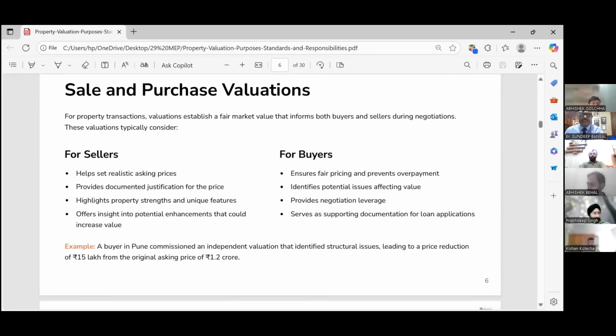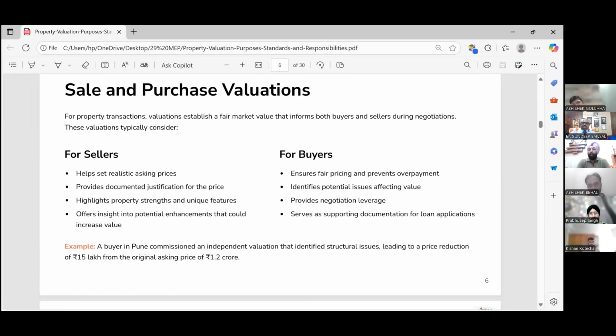Then as a valuer, you may have to do valuation to help buyers and sellers determine at what price they can sell or buy their property. For sellers, it helps set a realistic asking price. For buyers, the aim is to ensure fair pricing and prevent overpayment. That is your duty.